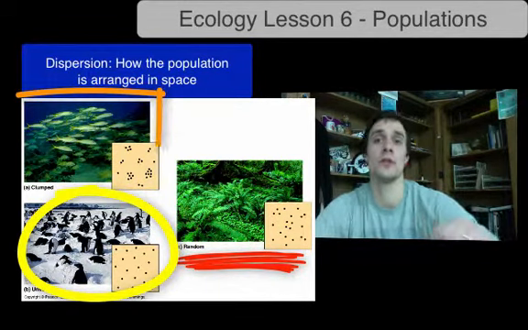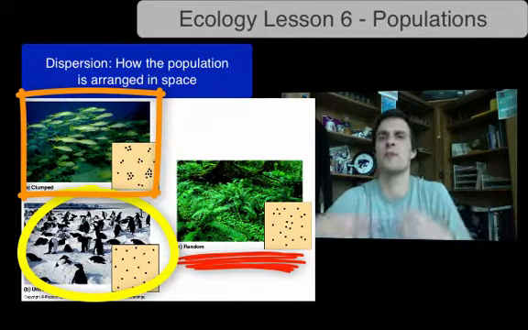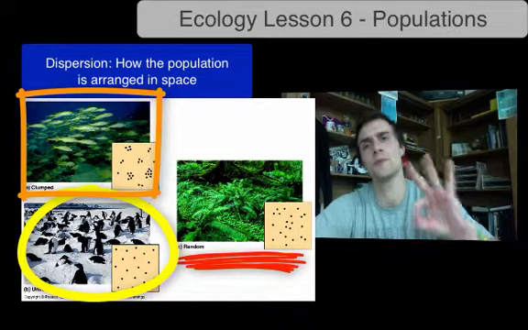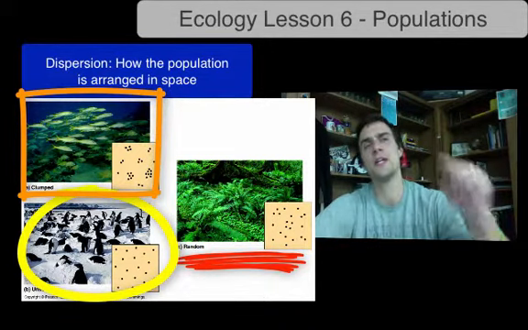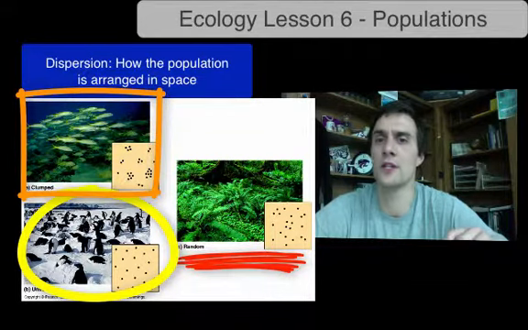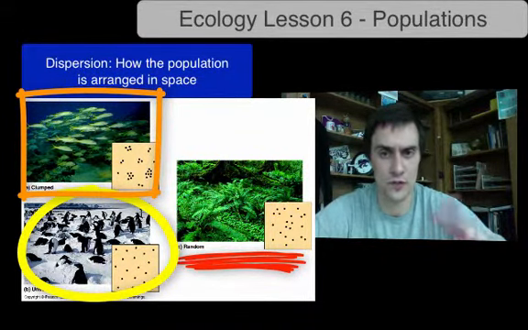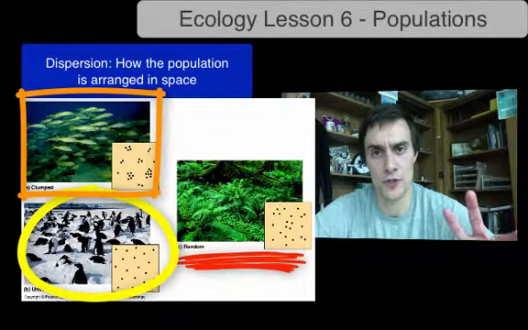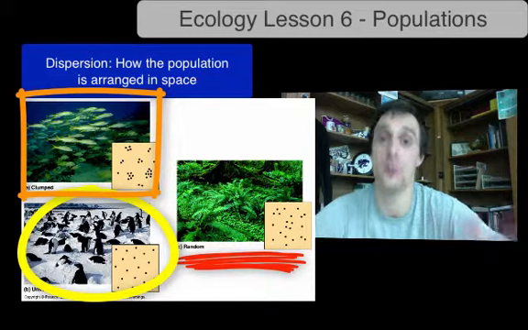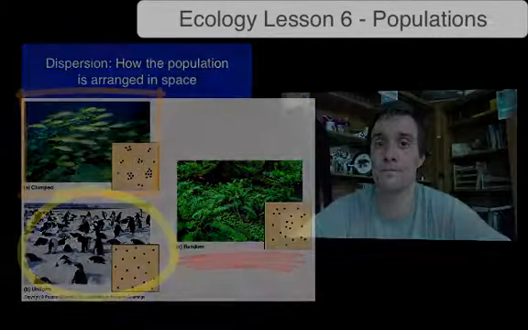And then there's clumped distribution, which is like animals that move in herds or flocks. So there are 3 ways that animals can be dispersed amongst the area they inhabit: random, even, and clumped.